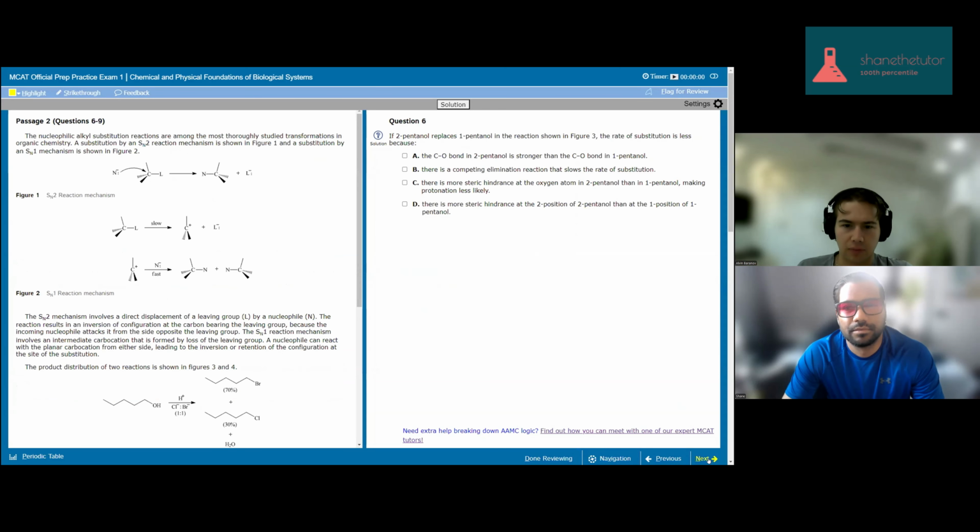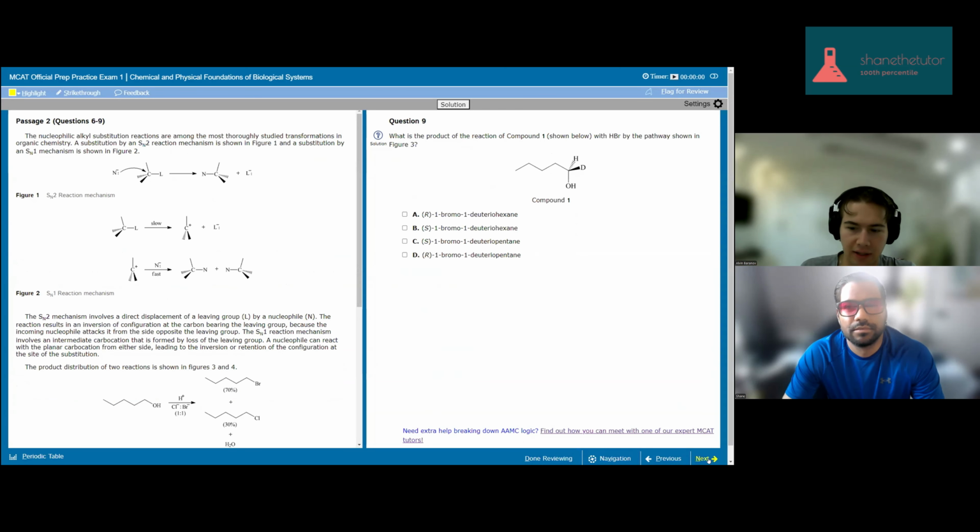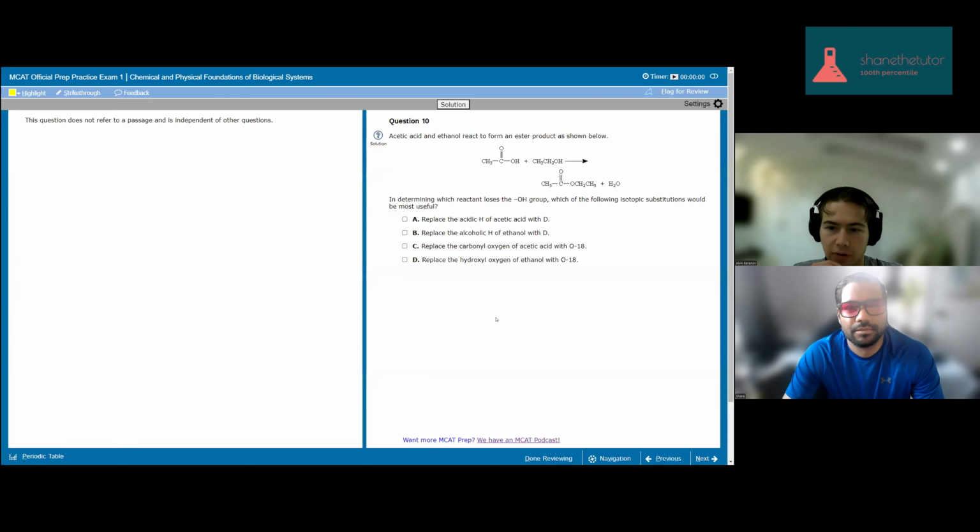Before we do the passage-based questions, I want to quickly get this one out of the way. It showed a reaction and asked how we can track it, determining which reactant loses the OH group, and which of the following isotopic substitutions would be most useful.